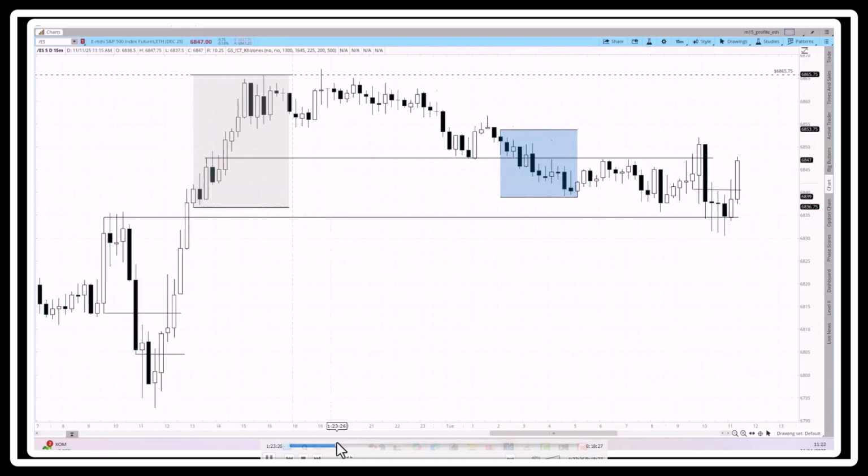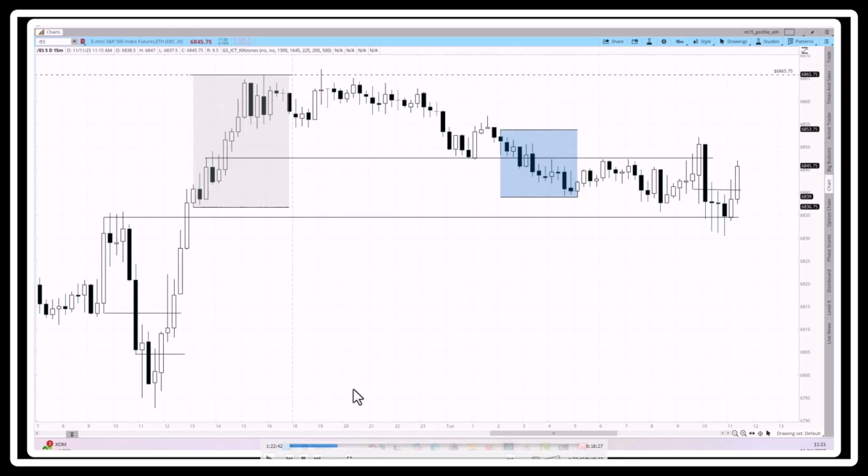Yes, so right here, that's the 930. But you have a level right there. So basically it breaks the level, it tests from below, 1 2 3, reverse.